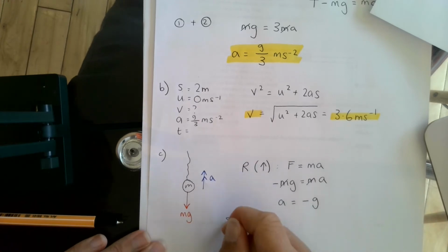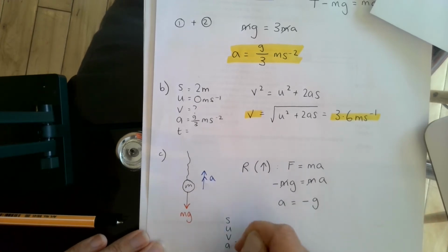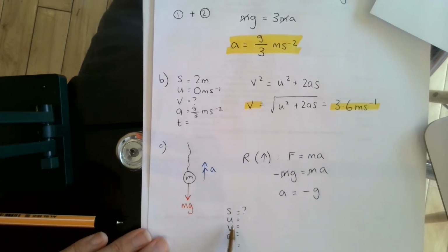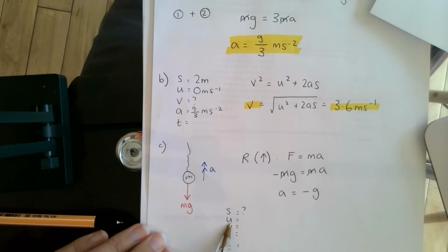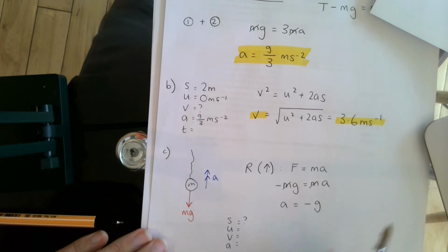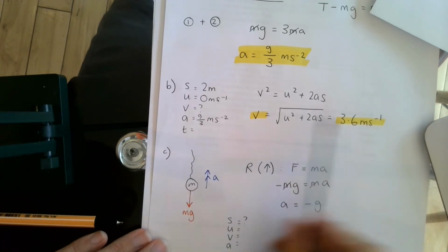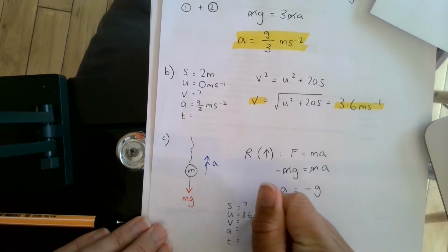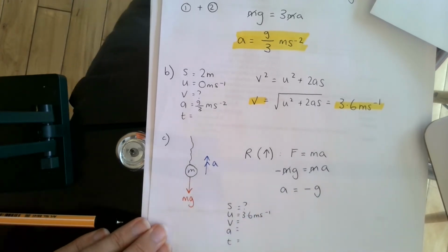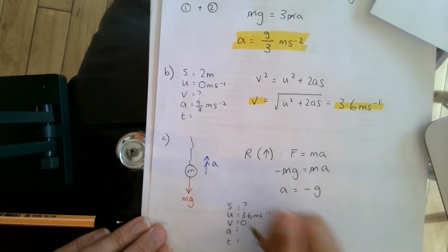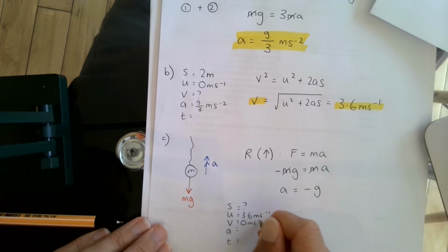Well, let's then use my suvat to see how far Q will travel upwards. s is what I'm trying to work out. u is the speed that Q is going upwards. Now, that is going to be the same as the speed that P was going when it hit the floor. So 3.6 meters per second, because we're talking about the moment that P hits the floor. v is going to be 0, because I'm looking for the highest point of Q. a is minus 9.8, because we just worked that out.